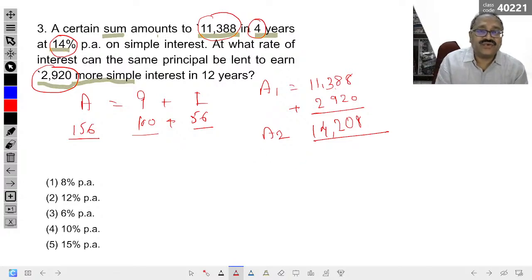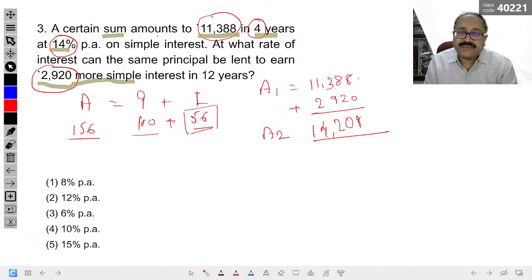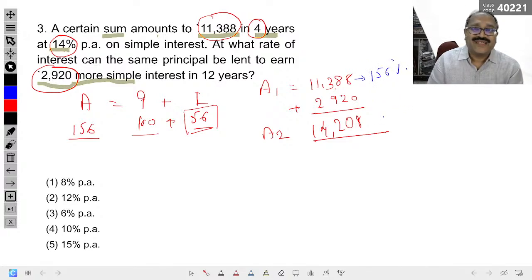Okay, so in the first case, 56% interest means this amount is 156%. Now what you need to find out is what percentage this second amount is. Suppose this amount is 160%, that means the interest is 60%.